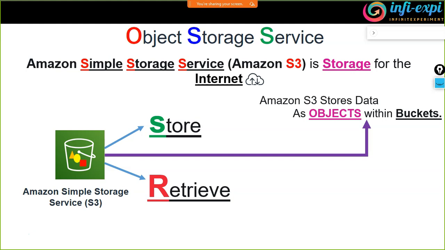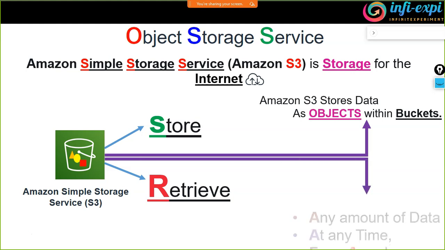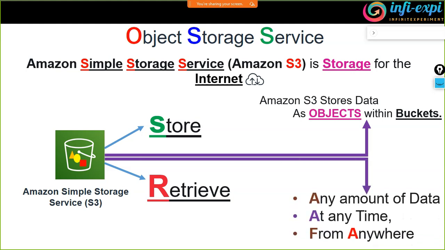What type of object? Any kind of object which can be persisted inside this bucket. Now, how much data can you store inside it? Any amount of data. But there is a constraint for the free tier. When it is a free tier, you will be limited in the size of storage, where it is 5 GB of data which you can store inside this bucket for a 1 year period.